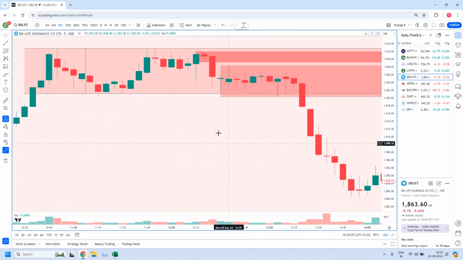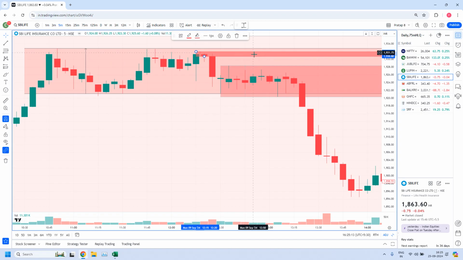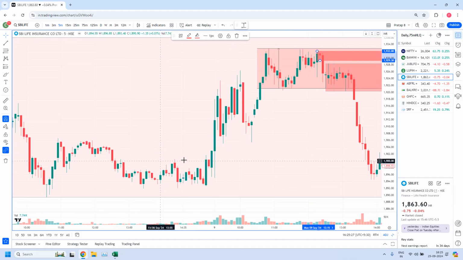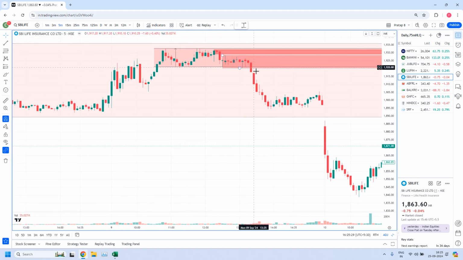But if anybody wants to go for type 2 proximal because the risk is very, very small, and you want to plan a trade, even if it is violated, still it is okay for you, then you can plan a trade. Why have I drawn week to week? To let you know the rejections are near to this zone. After that, see the movement, very strong. Once the entire demand is consumed, now no more demand is available.